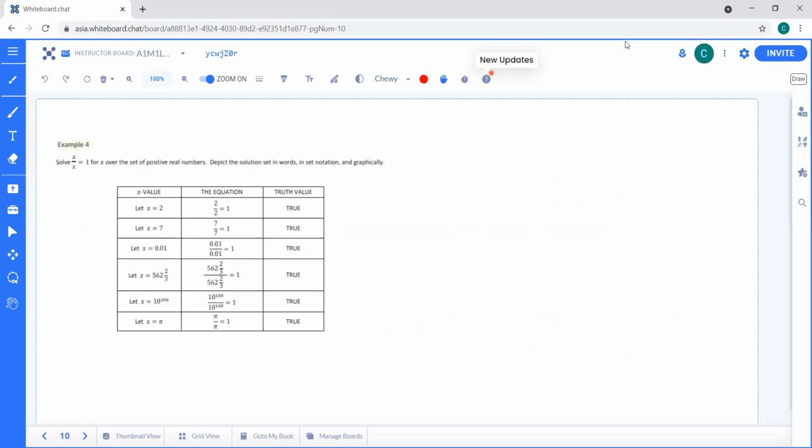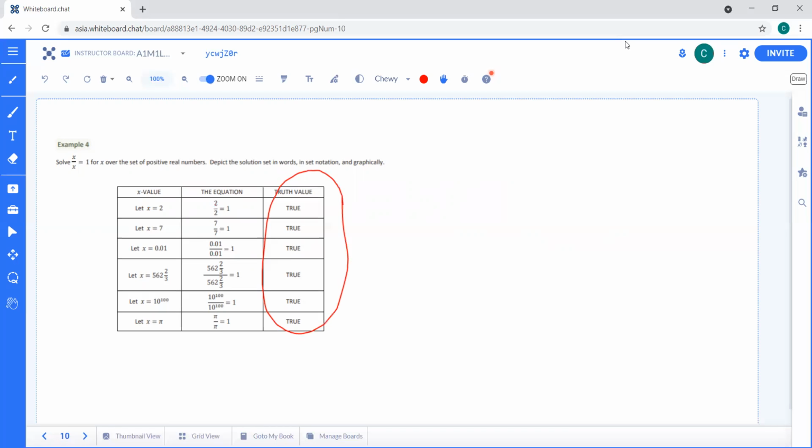Okay. Solve x over x equals 1 for x over the set of positive real numbers. Depict the solution set in words, in set notation, and graphically. Now, you know that if we plug any number in for x and we put it over itself, that's going to equal 1. So it really does not matter what you put in there.